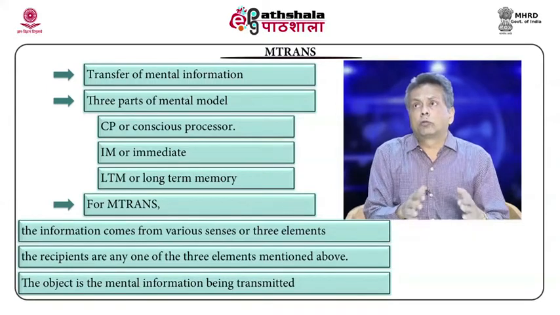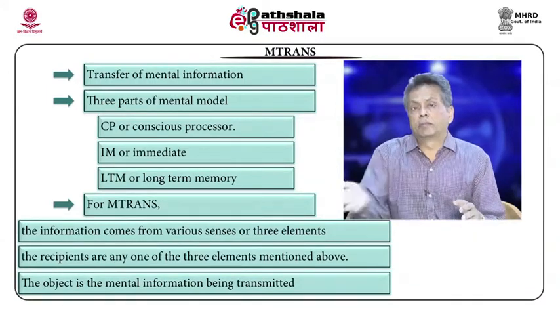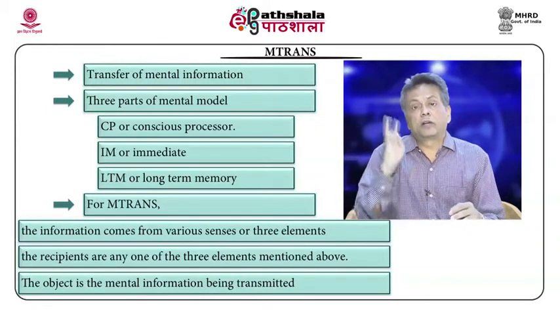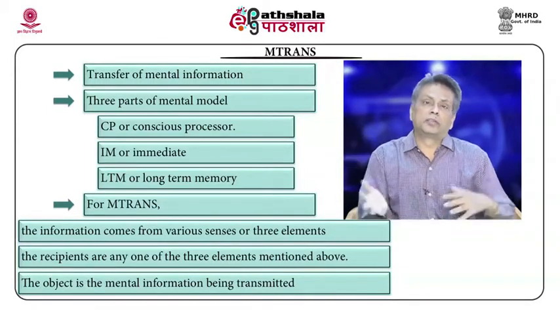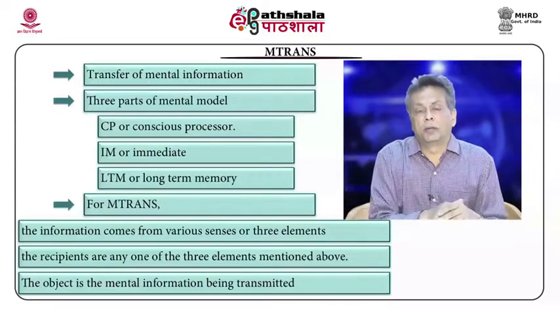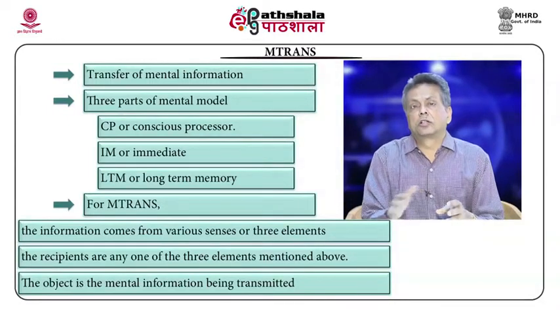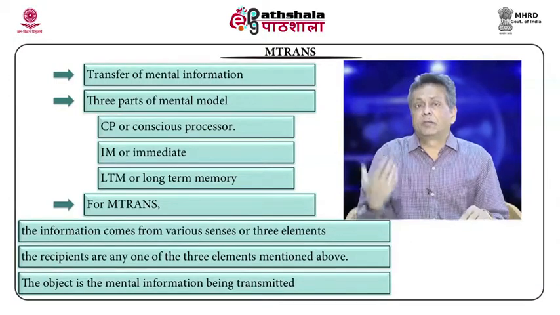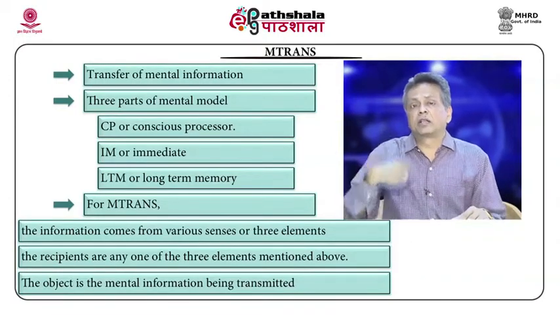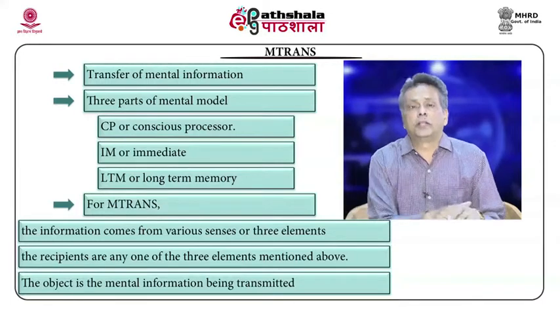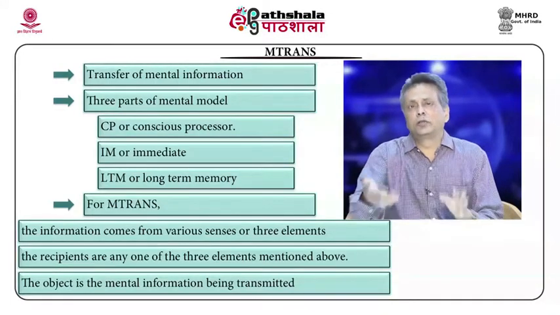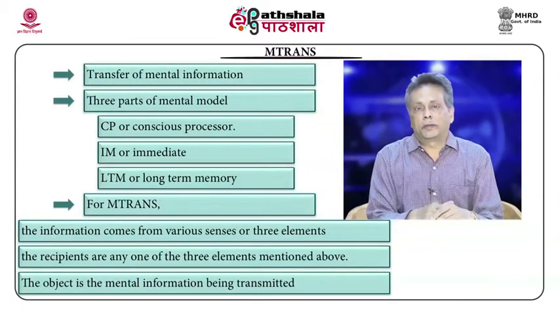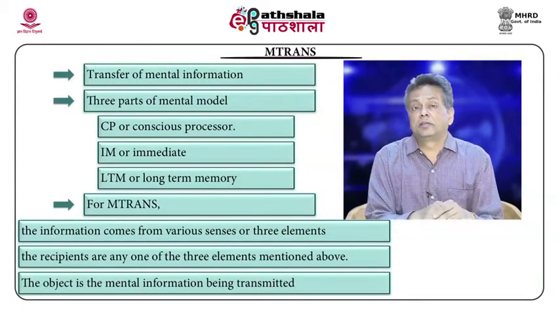When you talk about the mind, Schank, who developed this, and his team used three different parts of the brain. One is long term memory, which retains everything that is remembered, then a short term memory, and a conscious processor, which processes the information. So, when I am reading, I am basically M transing information from that newspaper to the CP, and once the CP reads it, it might use short term memory for processing and then transfer that into long term memory. This is what is represented.